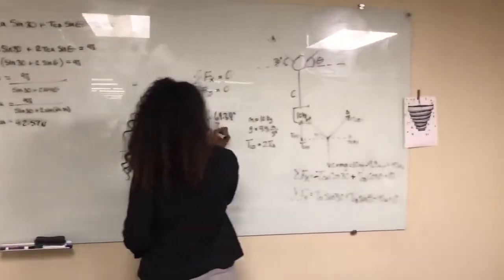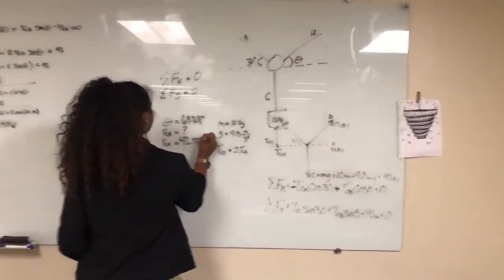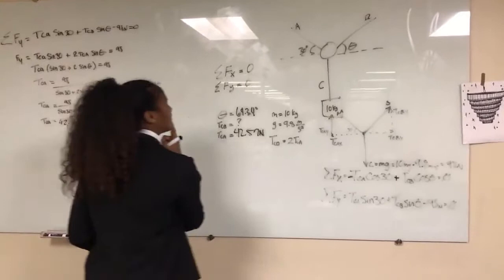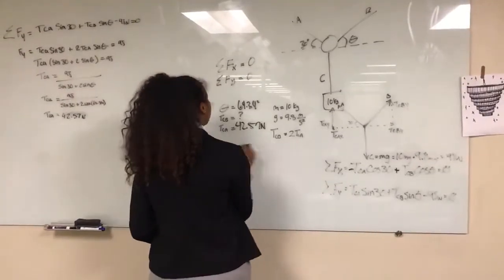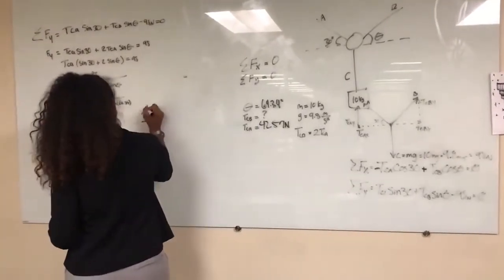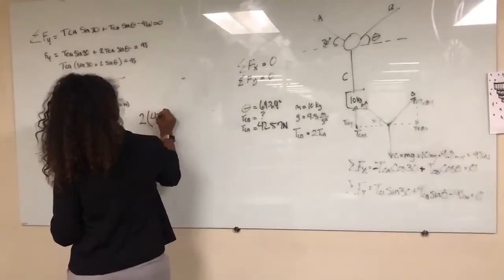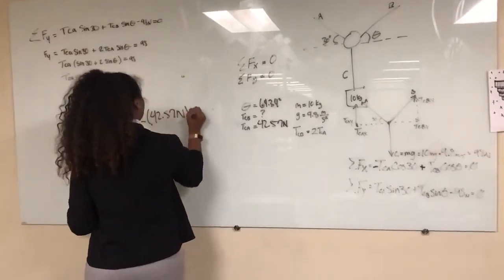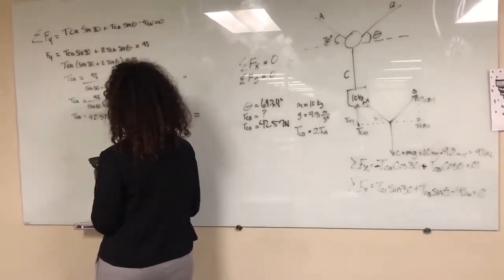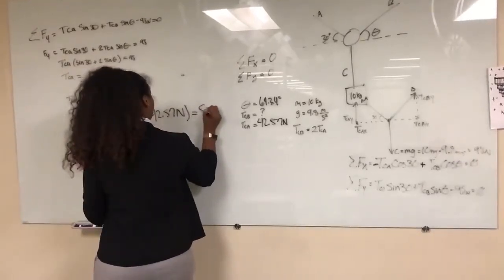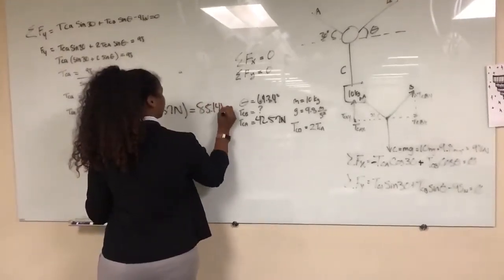This is known now. And TCB equals 2 times the TCA. So if I take 2 times the 42.57 newtons, that's going to equal 85.14 newtons for B.